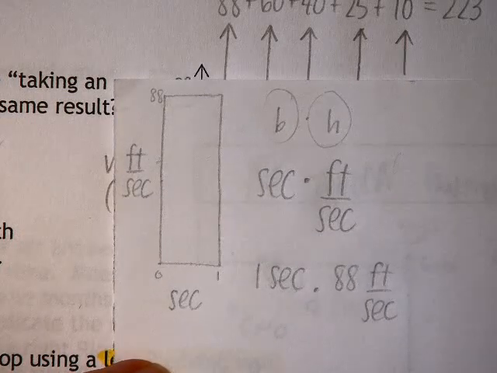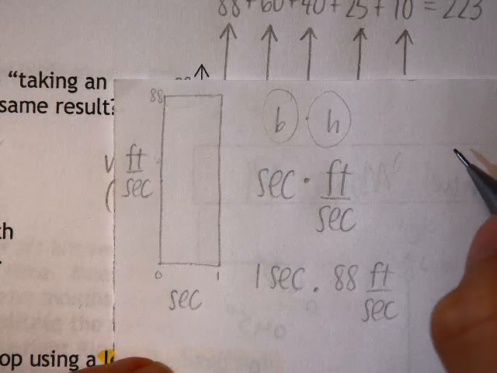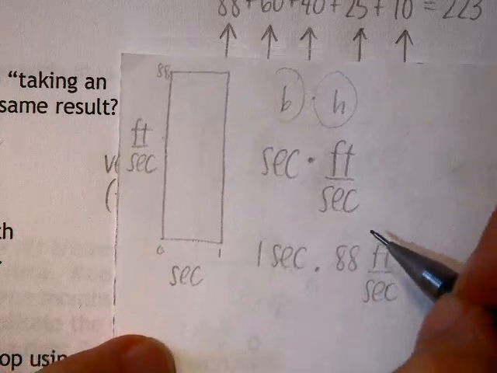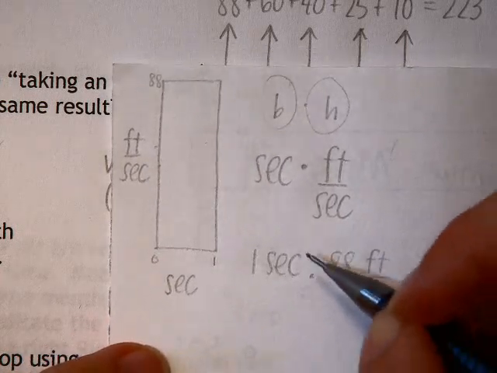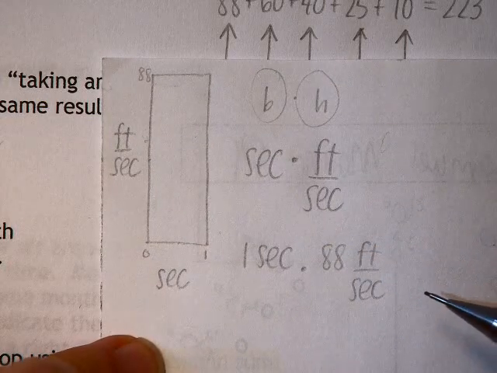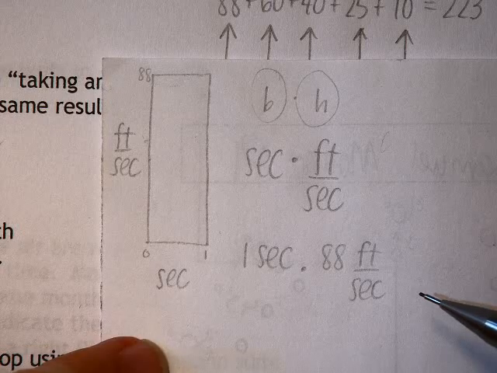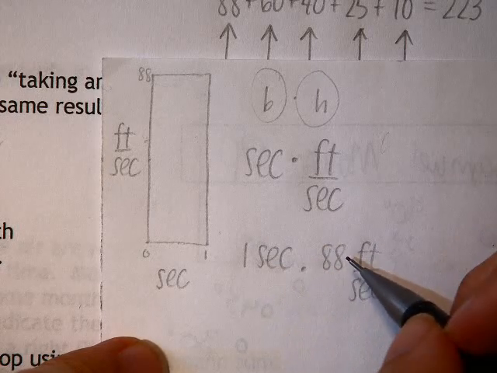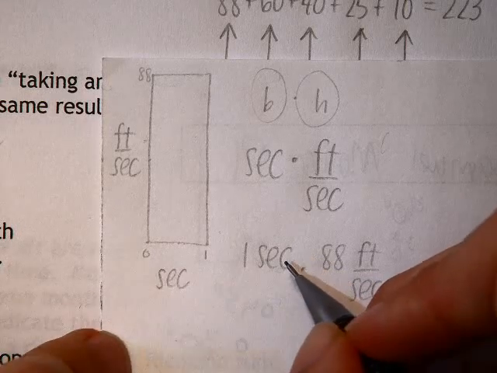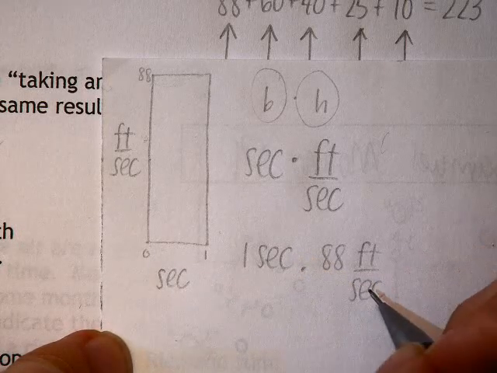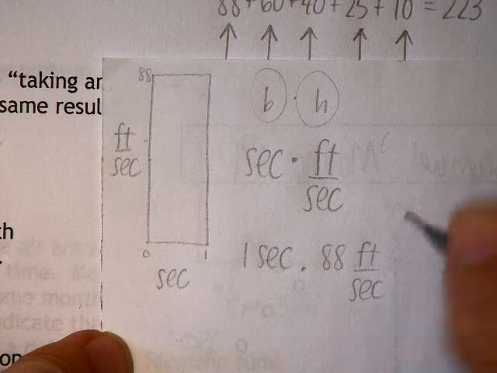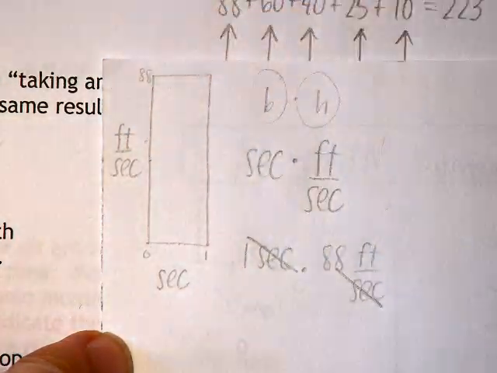It's almost going to harken back to, for those of you who did chem either recently or in the distant past, that dimensional analysis or stoichiometry kind of idea, where you're looking at what's happening to the units almost as if they were happening mathematically. 1 times 88 is going to multiply, but seconds on the top and seconds on the bottom of this calculation or this fraction are going to cancel each other out.